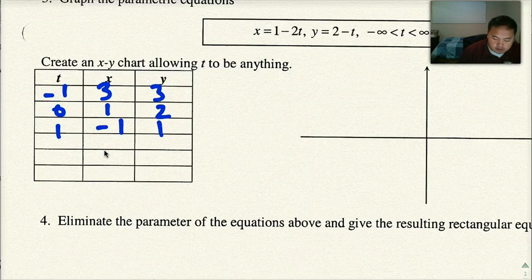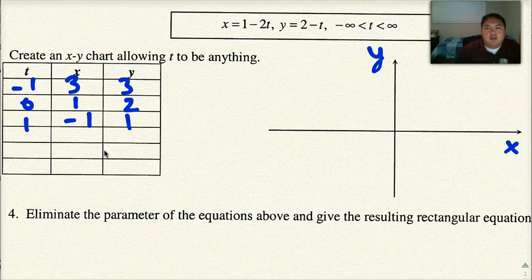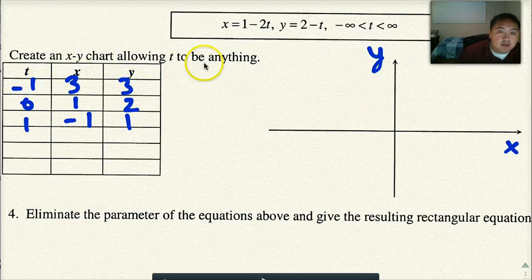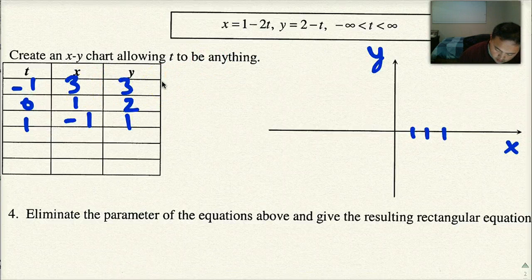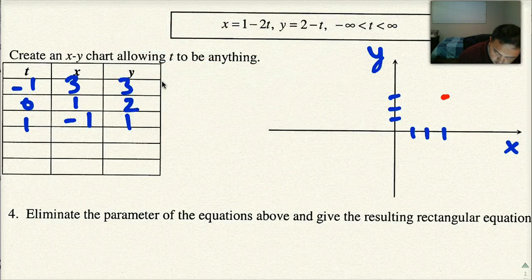Now I'm going to graph it onto my axes on the right. I'm going to label this axis x and this one y. I made a mistake: I just put -1, 0, and 1, but in this case, remember, we're just graphing x and y. So first one is 3, 3. The next one is 1, 2.